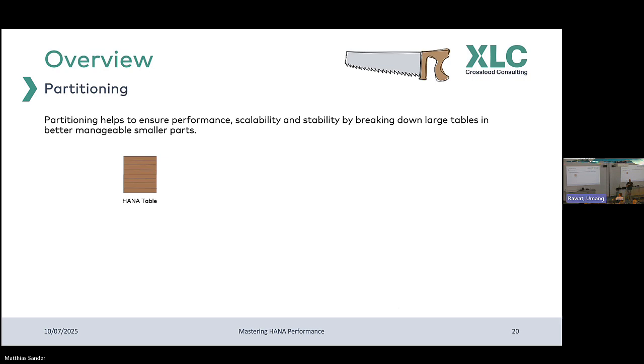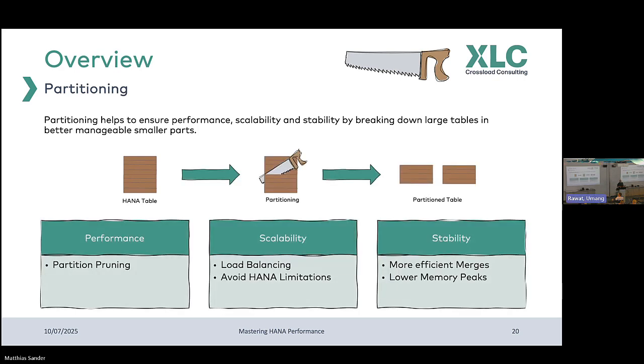It might be transparent, but for developing for performance, you have to be aware that the table is partitioned, but we will come to this later on. It's performance, like I said, with partition pruning. It's the load balancing, the stability, and a more efficient way for the data merges.